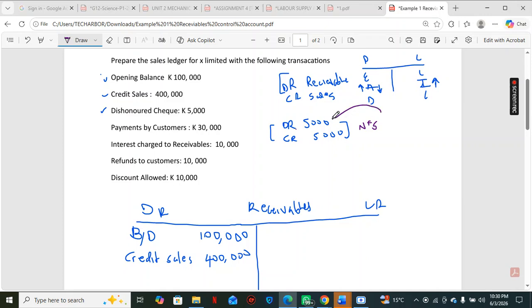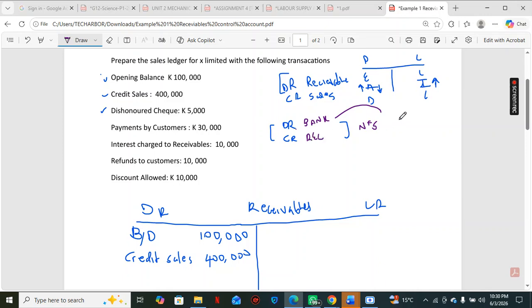So what happens? Here I shouldn't have even put the amounts. I should have put debit bank, the amount, and credit the receivable, the amount. So you need to reverse this transaction.